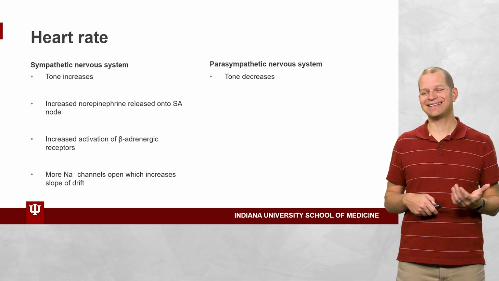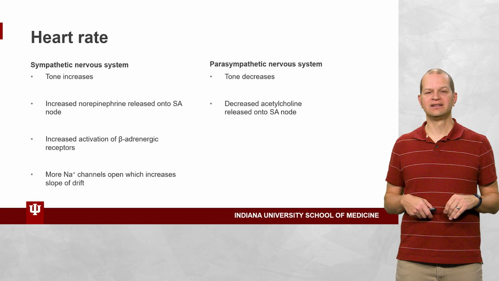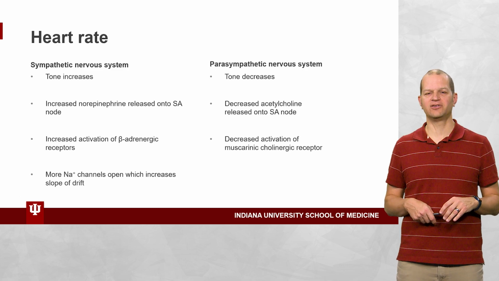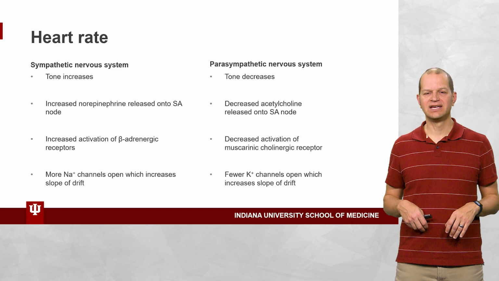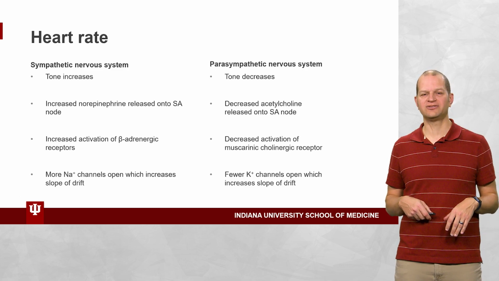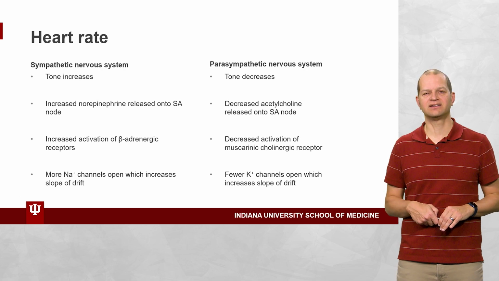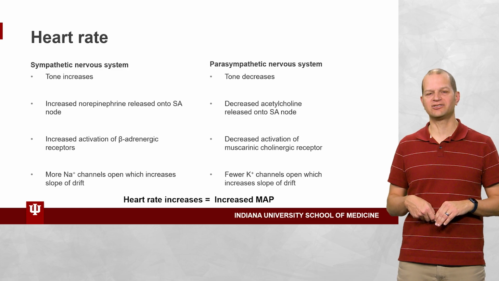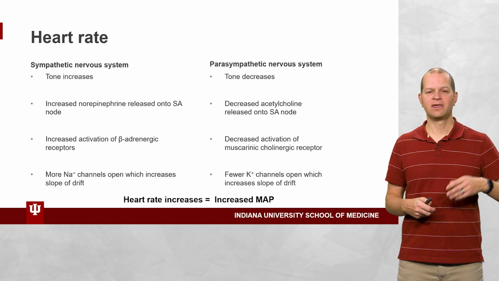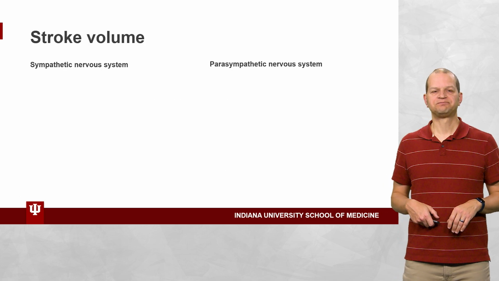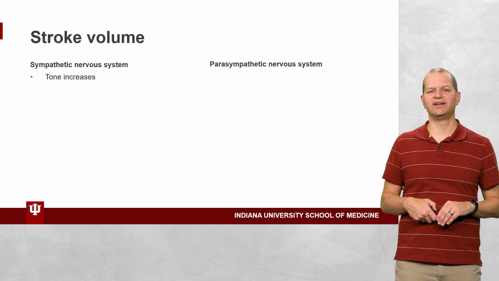The parasympathetic side, we decrease that activity, and so there's less acetylcholine being released, which means there's less activation of those muscarinic cholinergic receptors, which means less potassium channels open. And this also increases the slope of the drift phase of a cardiac pacemaker action potential. Heart rate increases. When we increase heart rate, we increase pressure. Let's do the same thing with stroke volume.